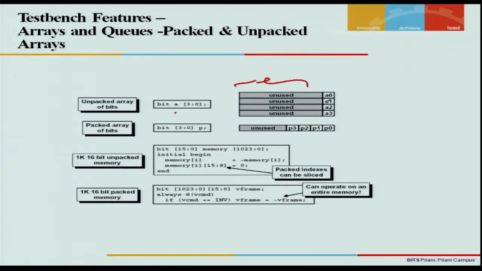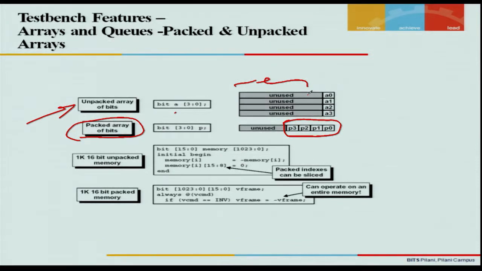So A0, A1, A2, A3 are all of a single bit. Now this is a perfect example of an unpacked array. Then in the packed arrays, all the memory locations are packed. You can see that the first location is P0, then the second, then the third, then the fourth, and then the remaining is unused. It again depends upon the simulator with which you are compiling your SystemVerilog code.